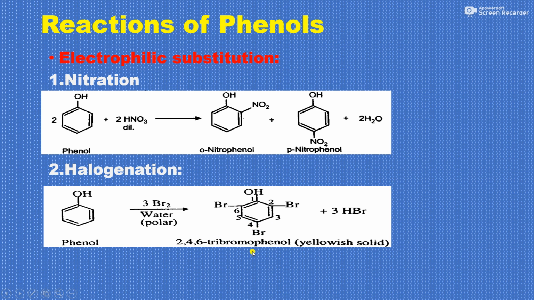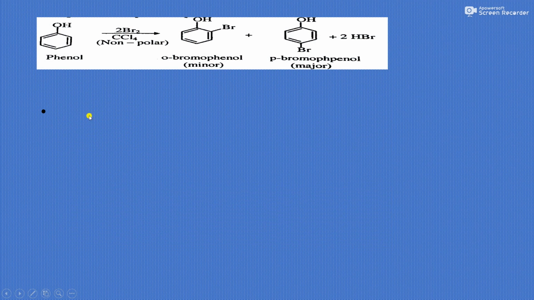Thus, there is formation of a yellowish colored product, 2,4,6-tribromophenol. When phenol is reacted with Br2 in carbon tetrachloride, it gives orthobromophenol and parabromophenol.